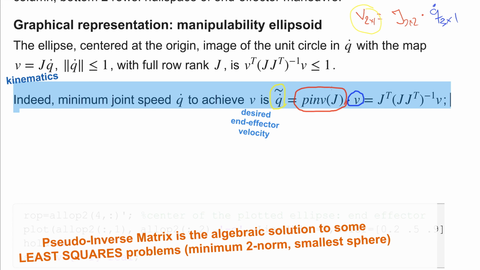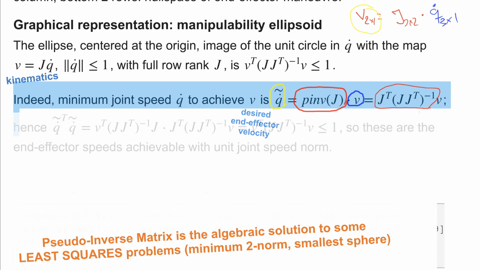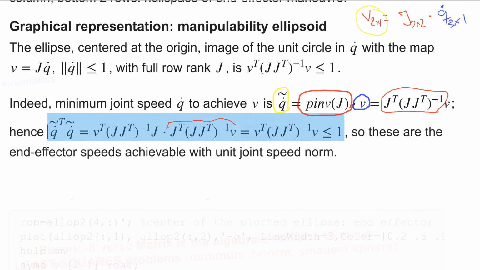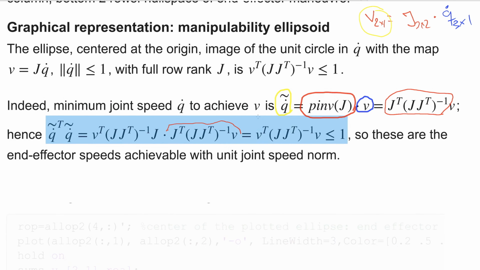So, if we recall our linear algebra background, this is the formula of the pseudo-inverse we need to use. I put here the least square solution, that one. I put here the transpose, and carrying out operations, we see that J transposed with this inverse cancel out.